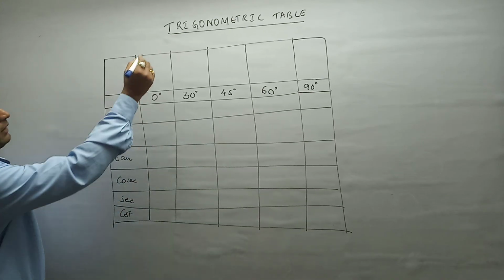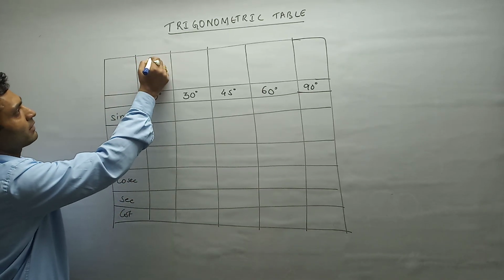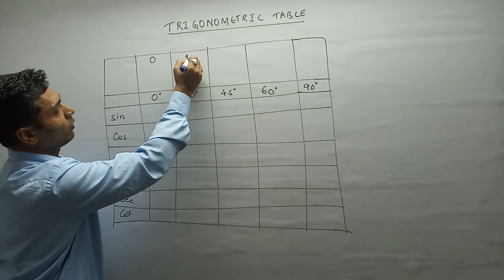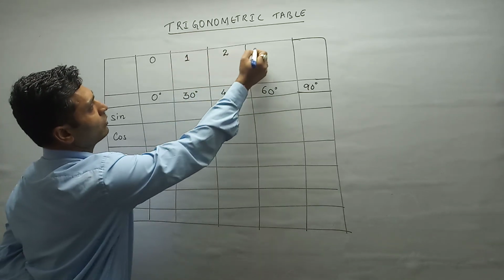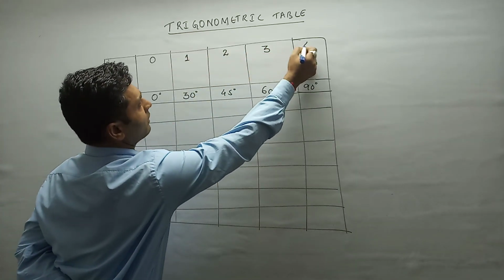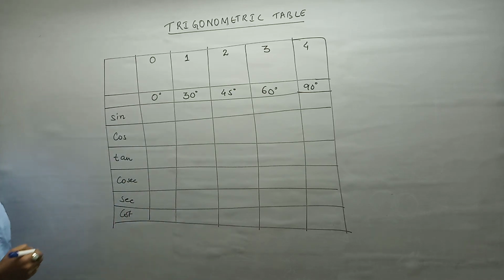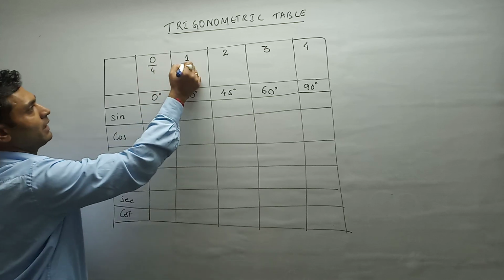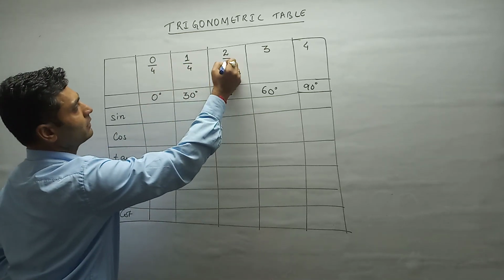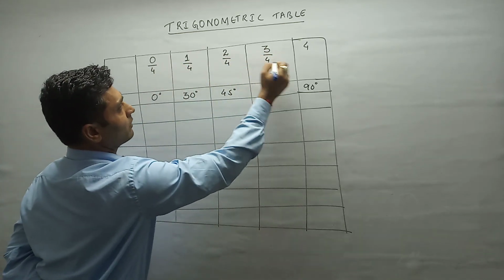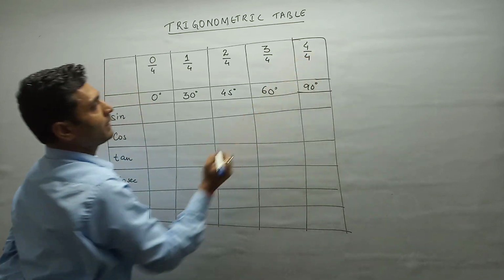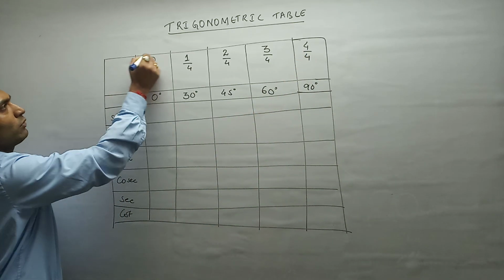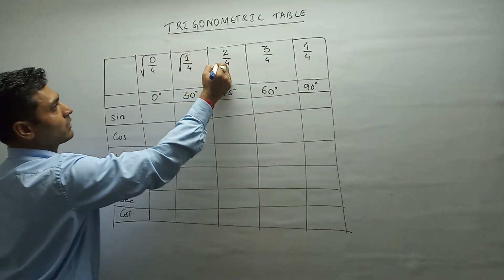So first of all, we'll write here 0, 1, 2, 3 and 4. Next, we'll divide each of these by 4, and then take the square root of each of these fractions.